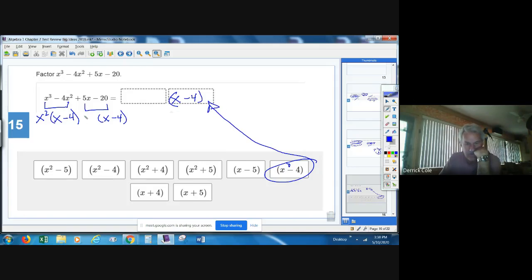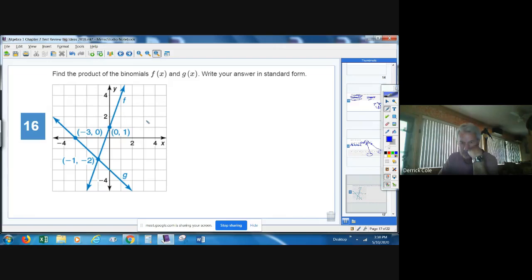Okay, so what needs to go here? It looks like a 5, right? Is it a plus or a minus? It's a plus, right? Because it's going to be the same thing. 5x minus 20. So x plus 5. You can have these either way. Doesn't matter.